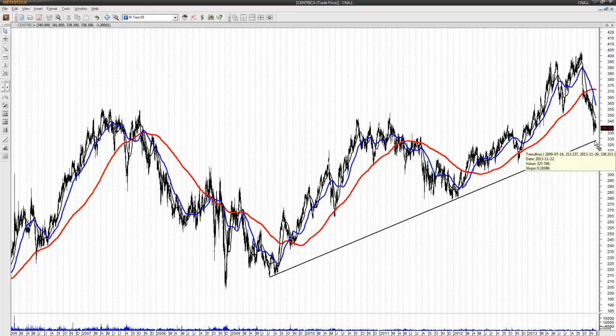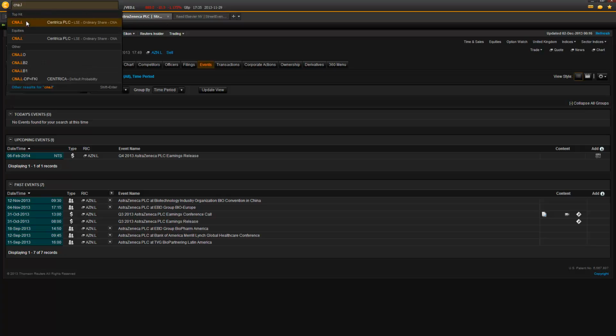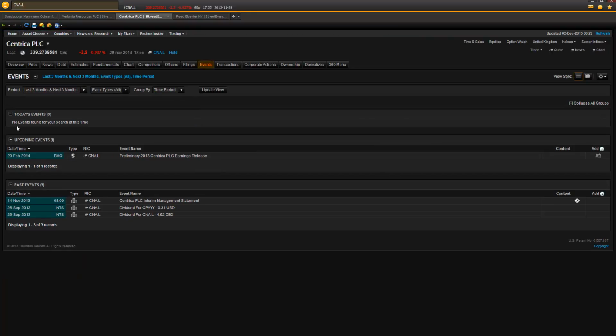That's where I put in my buy limit order on this support from the trend line. Checking for earnings on CNA.L Centrica. Okay, no earnings on Centrica.